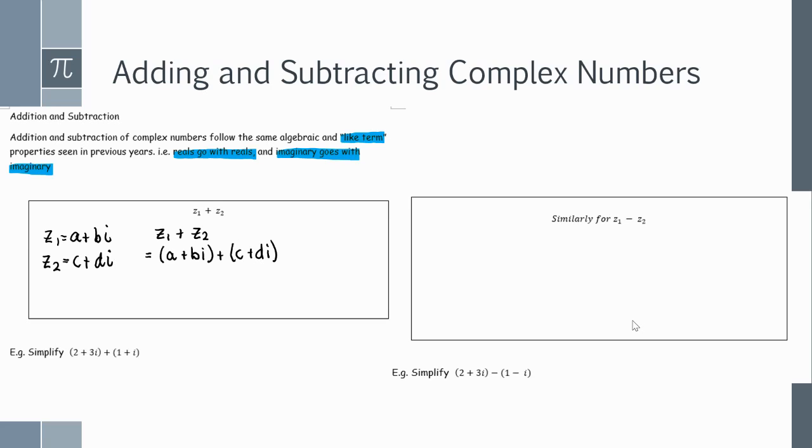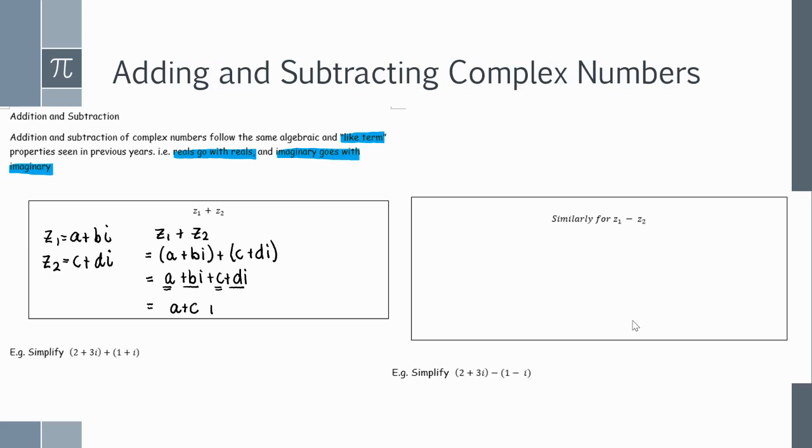Then we get rid of the brackets, and we identify the real parts of each number and the imaginary parts of each number. So a and c are both just real constants. bi and di will go together because they're the imaginary sections of the numbers.